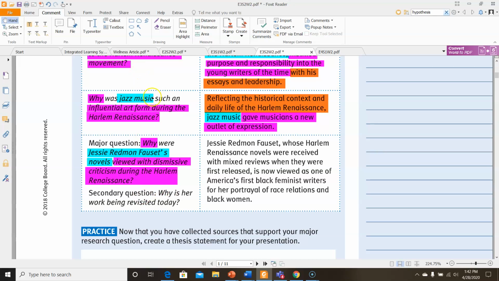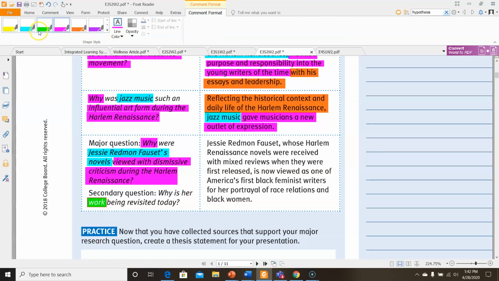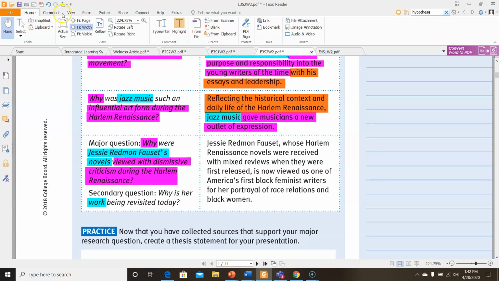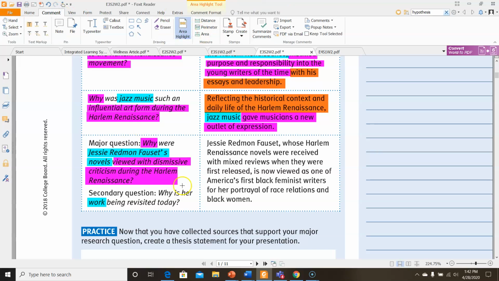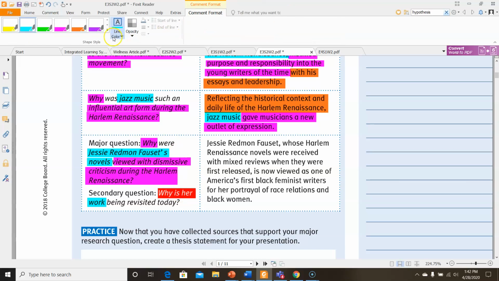And then I'm also going to be looking at why is her work being revisited today. So her work is what we're going to be talking about for the second part of that question. And then why is it being revisited is our point. Oh, whoops, wrong color.